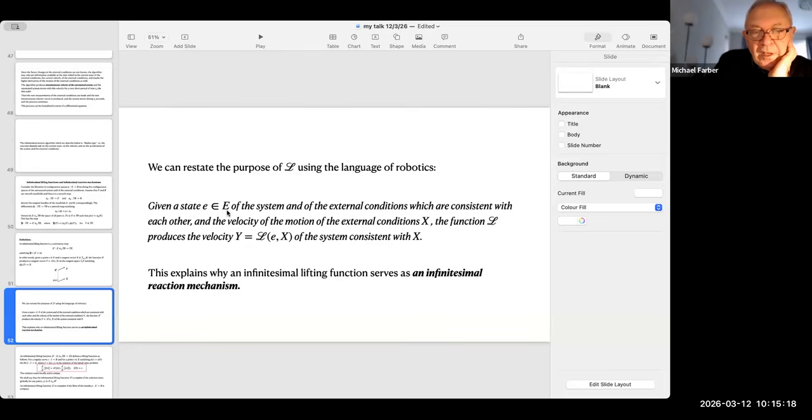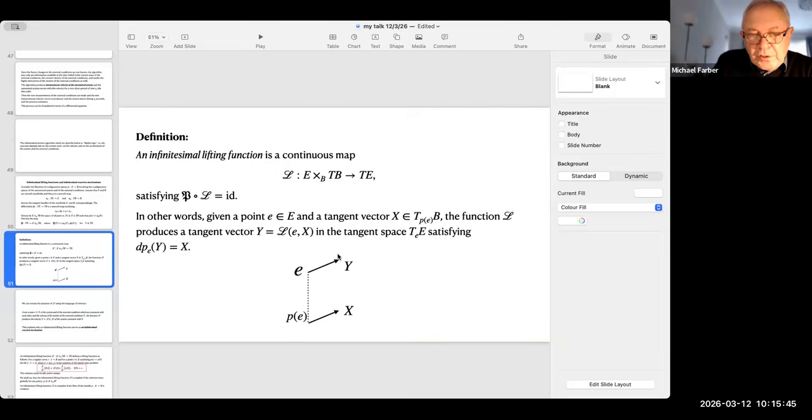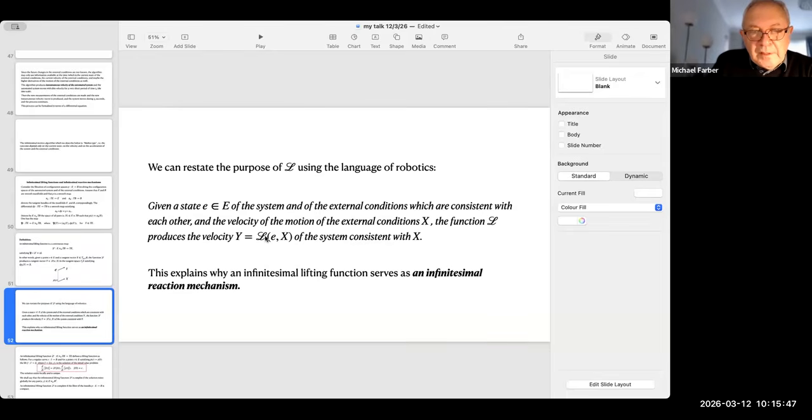So given a state E of the system and of the external conditions, which are consistent with each other, and given the velocity of the motion of the external conditions X, the function L produces the velocity Y of the system consistent with X. So essentially it is the same as the picture here, but in the language of robotics.